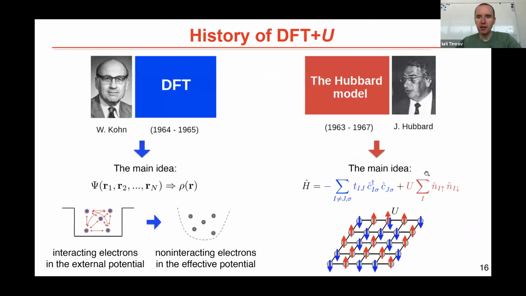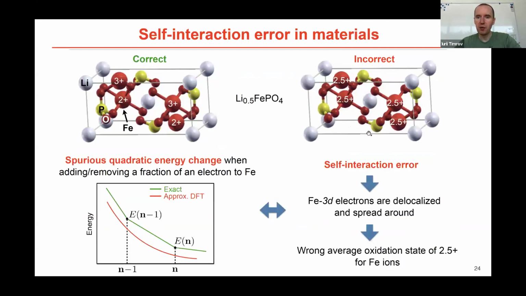That was iron oxide, but even in this system it's the same problem. We want one electron more on one iron and less on the other iron, but we are unable to describe this kind of mixed case. This is because of self-interaction, which leads to the delocalization of 3d electrons.